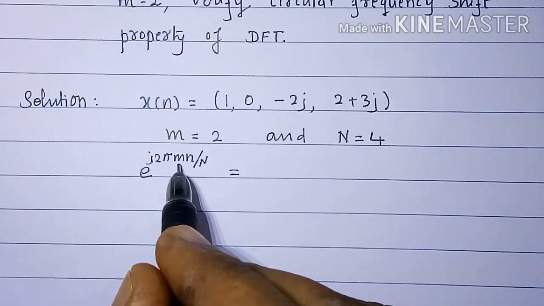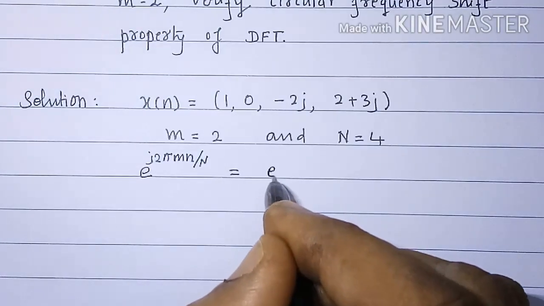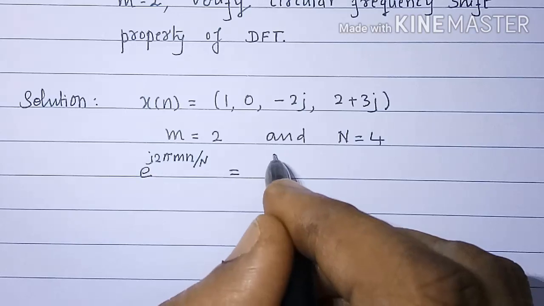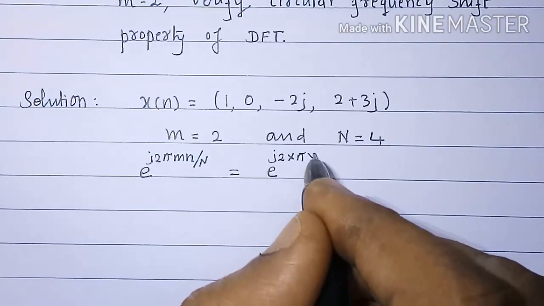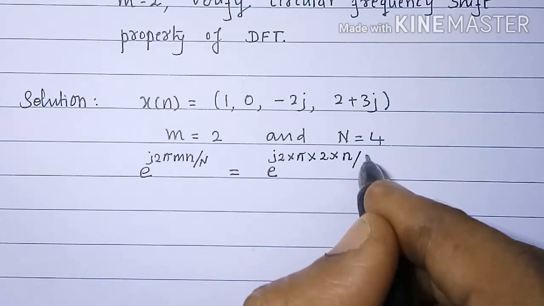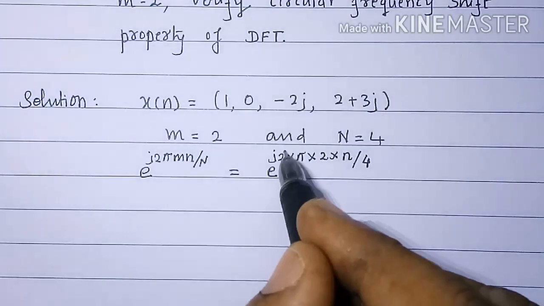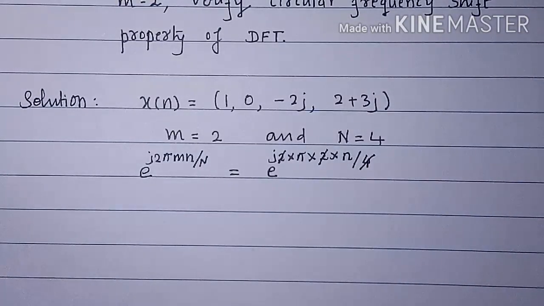For m equal to 2 and capital N equal to 4, we get e raised to j into 2 pi into 2 into small n by 4. 2 into 2 is 4 and that 4 will cancel with 4 in denominator.